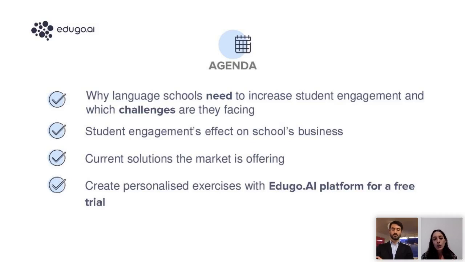We are also going to understand the consequences of student engagement from the business perspective of the schools. We are going to analyze the current solutions that the market is offering, and among those we are going to introduce Edugo.AI, our own solution, as we leverage artificial intelligence to create personalized lessons.